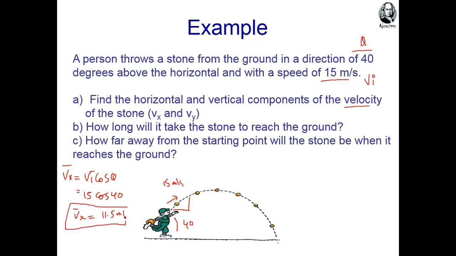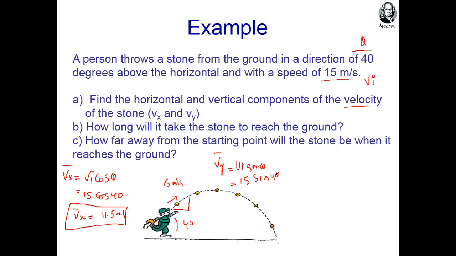Horizontal velocity component. So how can we find the vertical y component? It's Vi sine of theta, sir. Okay, great. So 15 into sine of 40. First of all, sine of 40, then multiply with 15.